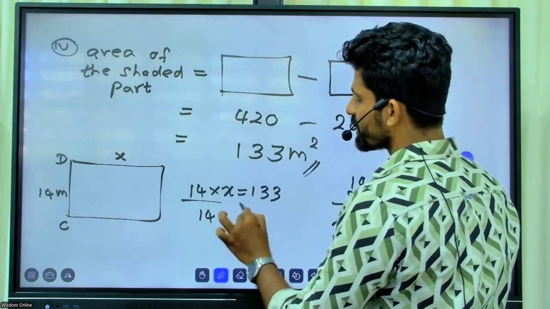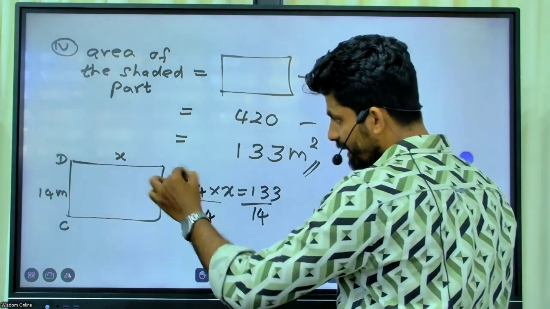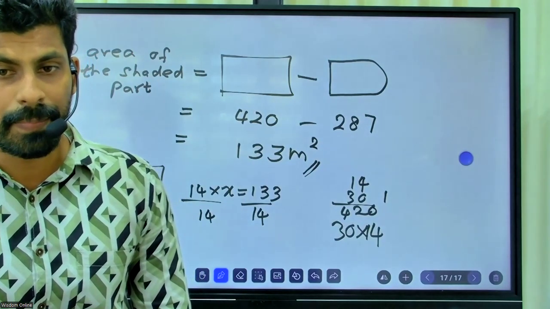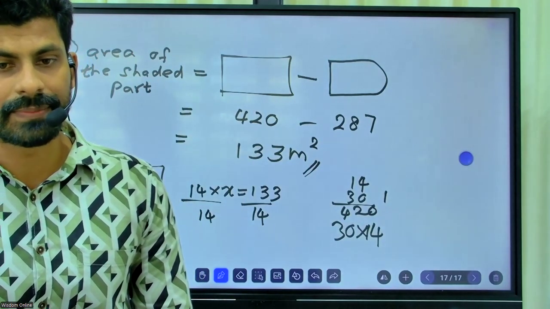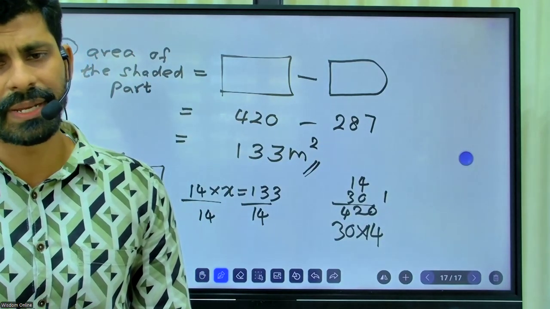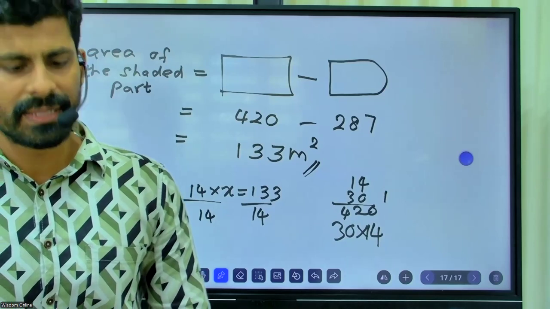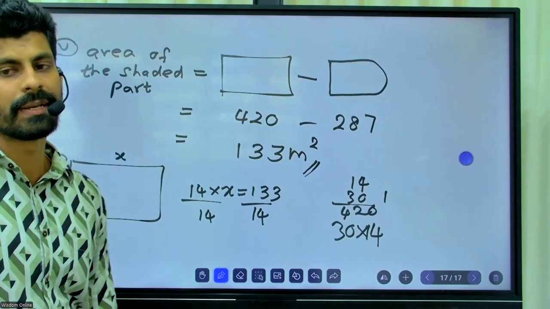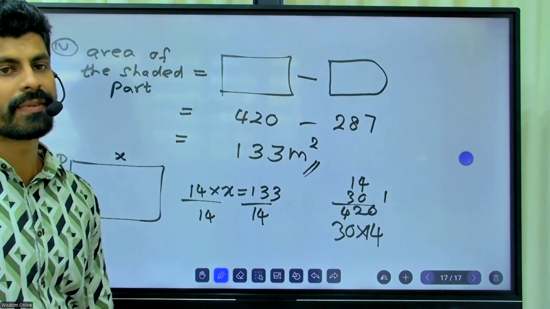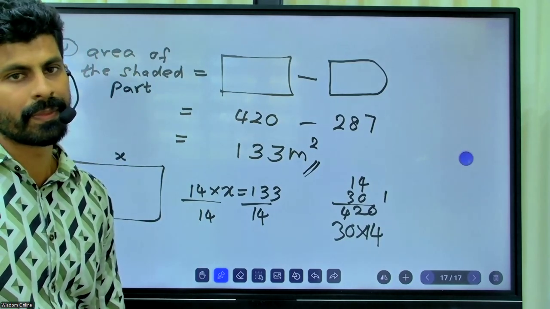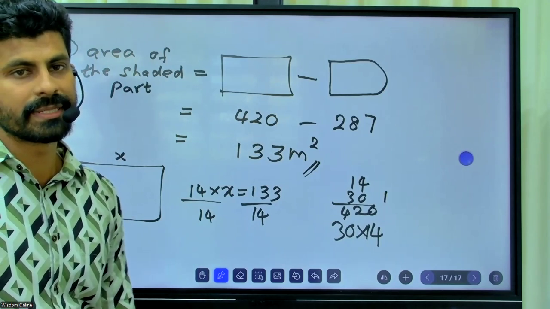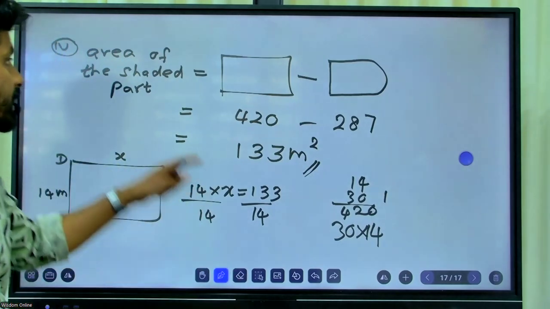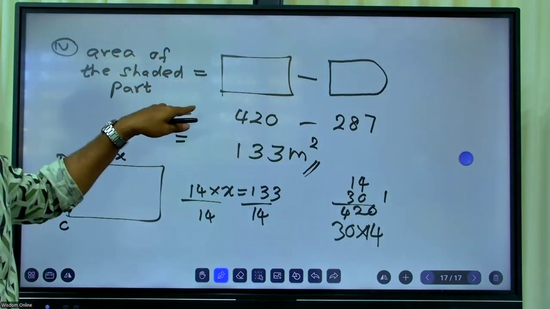Then divide both sides by 14. Then we can find the value of x. Quickly do this one. This is from 2023, and in 2022 English medium there were decimal parts too, right?